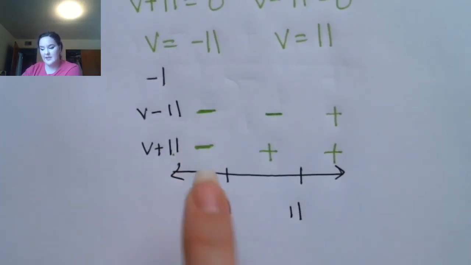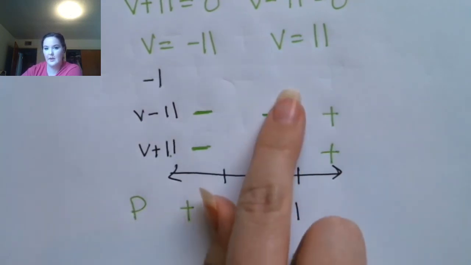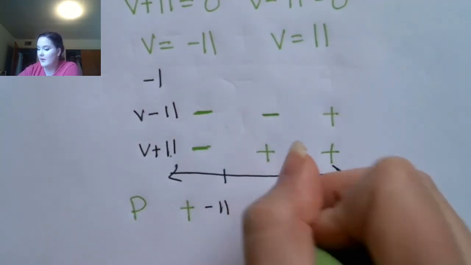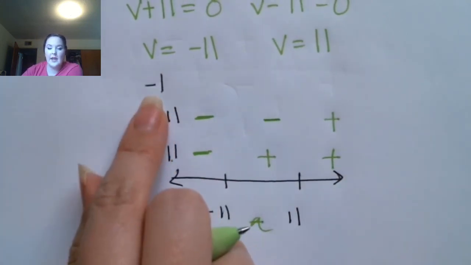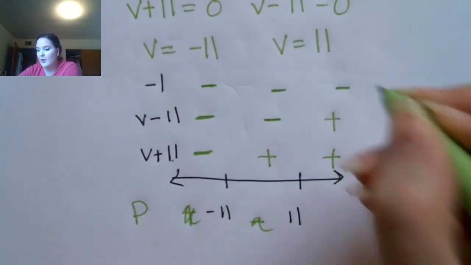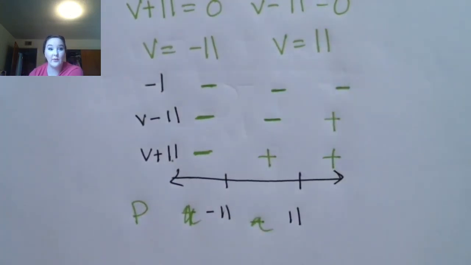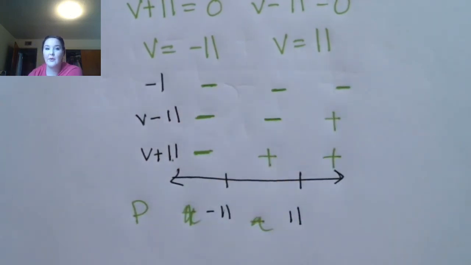Okay, negative times negative is positive. This is the product. Negative times positive is negative. Oops, I'm sorry, we're not ready for the product yet. Negative 1 is always negative, so we're just going to put negatives all the way across. No matter what x is, negative 1 is a negative number, so it's always negative. Okay, now we're going to look at the product.